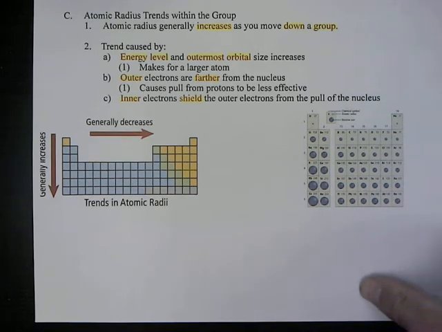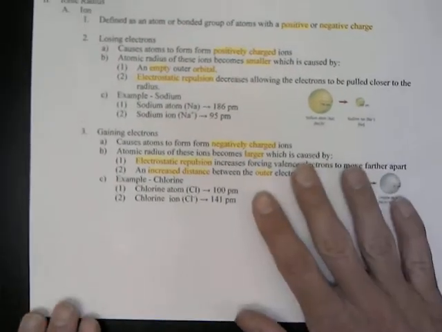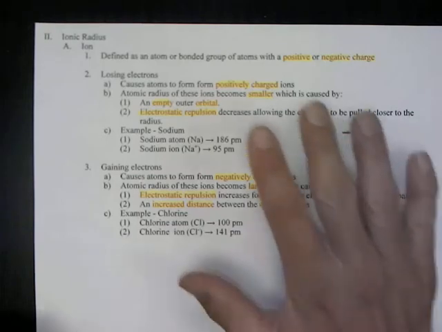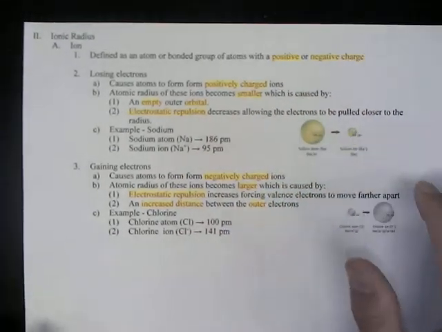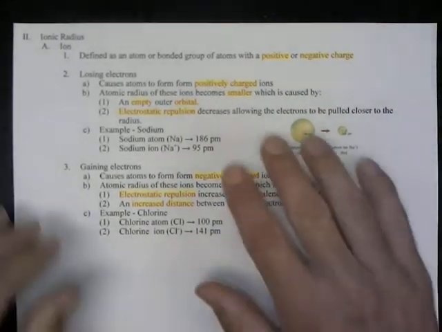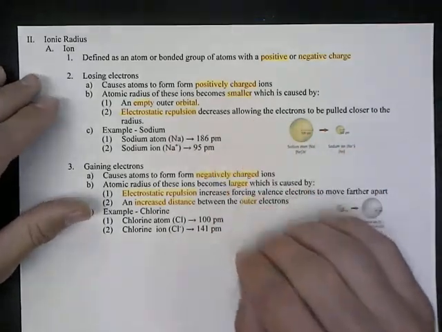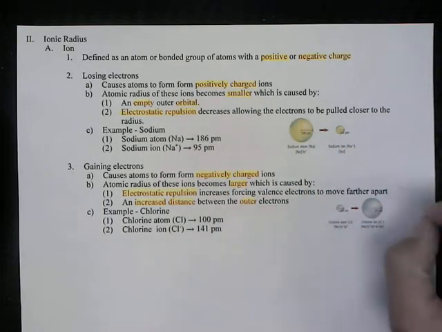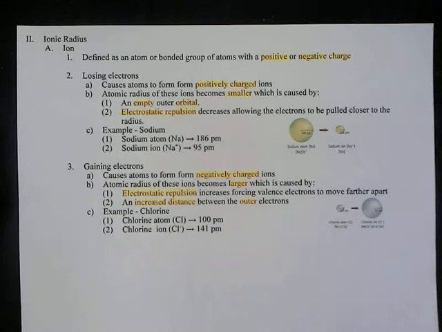Now, we need to talk about another type of radius, and that is ionic radius. So first off, what is an ion? An ion is just an atom with a positive or negative charge. You may be wondering, how did an atom get a positive or negative charge?